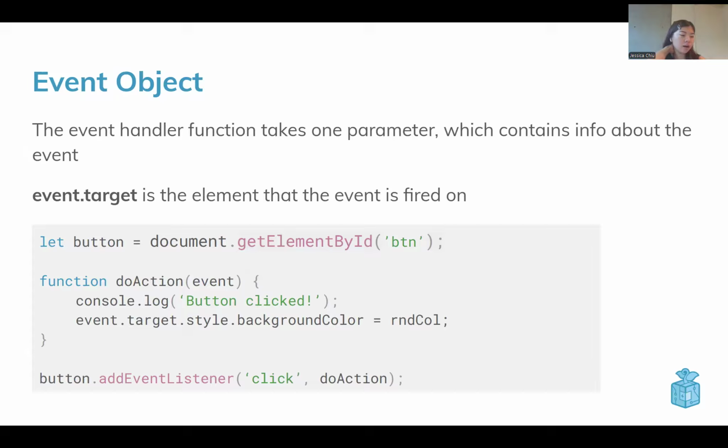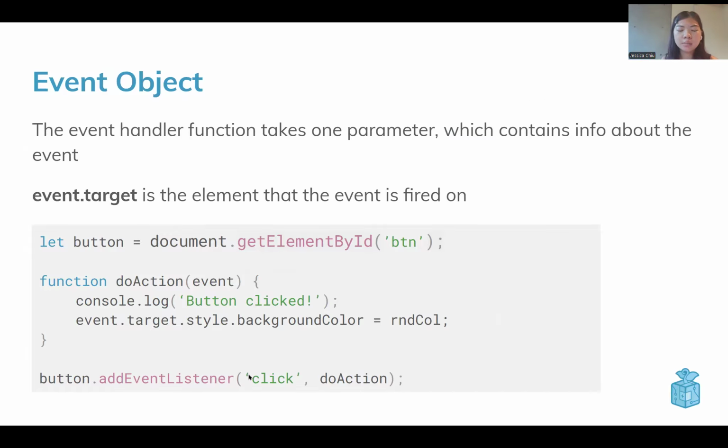Okay, this is helpful because let's say you want to change something about the target when the event happens. Well, then we need to access this target somehow. Well, we do that by doing event.target. And again, that gets us the element the event was fired on. So we can modify that element if we pass event in as a parameter.